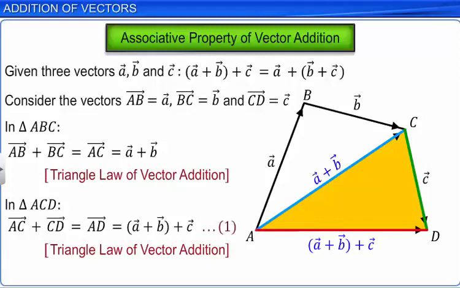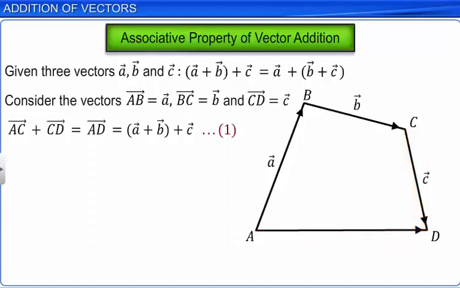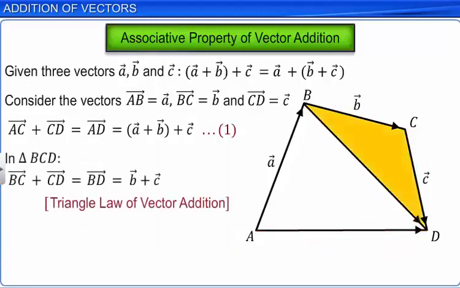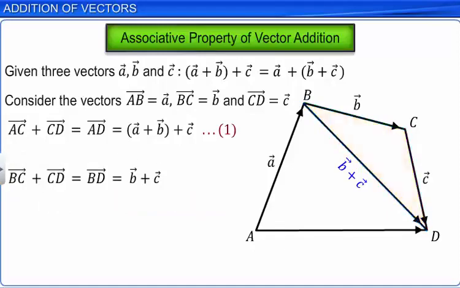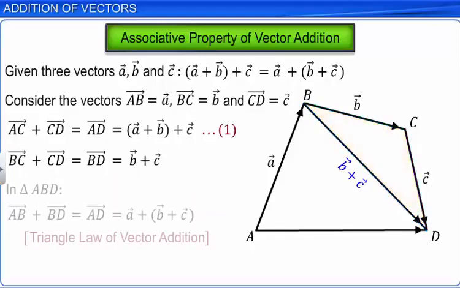Now, let us add the vectors in a different way. Consider triangle BCD. By the triangle law of vector addition, the sum of vectors BC and CD is equal to vector BD, which is vector B plus vector C. Now, consider triangle ABD.